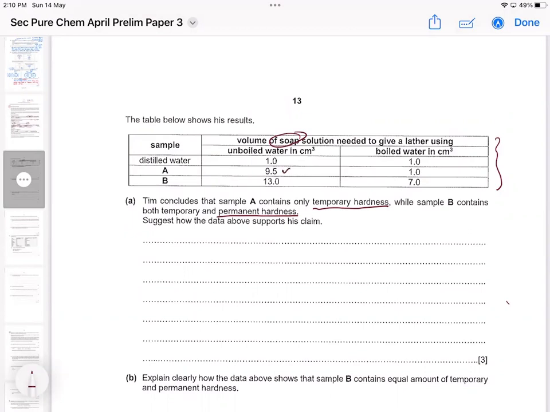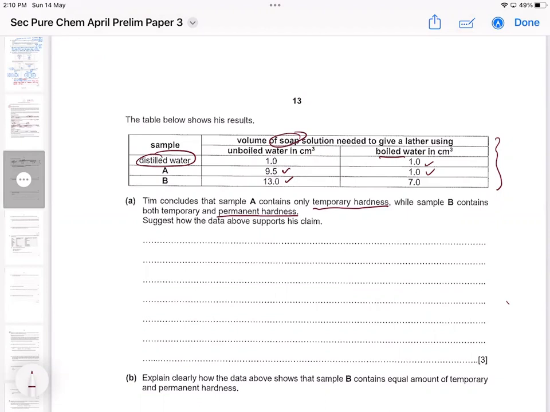You notice that they require quite a bit of soap before they lather. And it also shows that after the boiling process, A simply requires the same amount of soap as normal distilled water. So A must have been temporary because upon the boiling process, it makes it easier for it to lather.